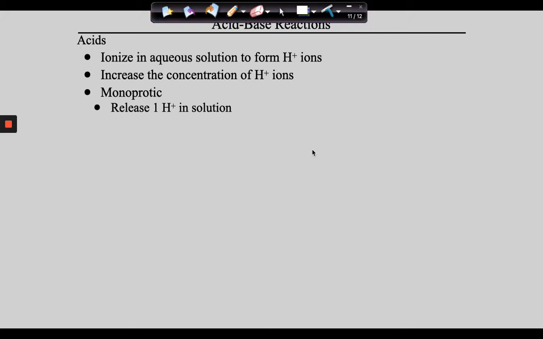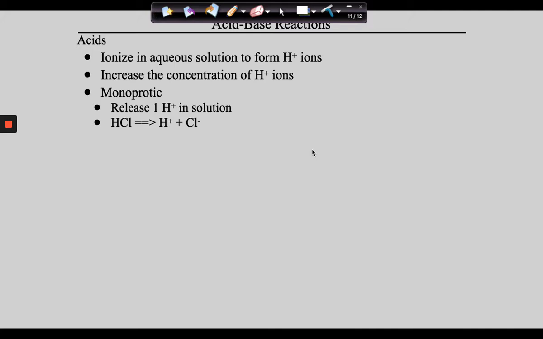One of your personal favorites is your good friend hydrochloric acid. That releases a hydrogen ion and a chloride ion.